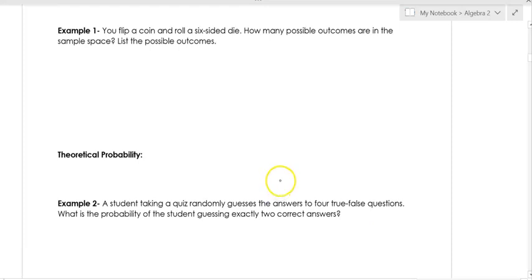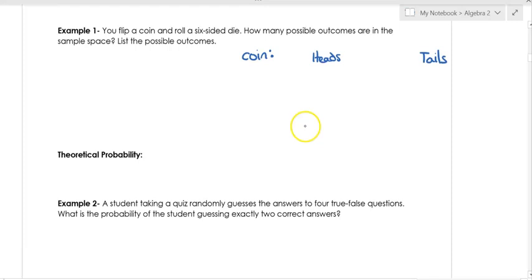Example 1 says, you flip a coin and roll a 6-sided die. How many possible outcomes are in the sample space? List the possible outcomes. I would suggest making kind of a tree. On the coin, you can have a heads or you can have a tails. Those are the two possible outcomes.